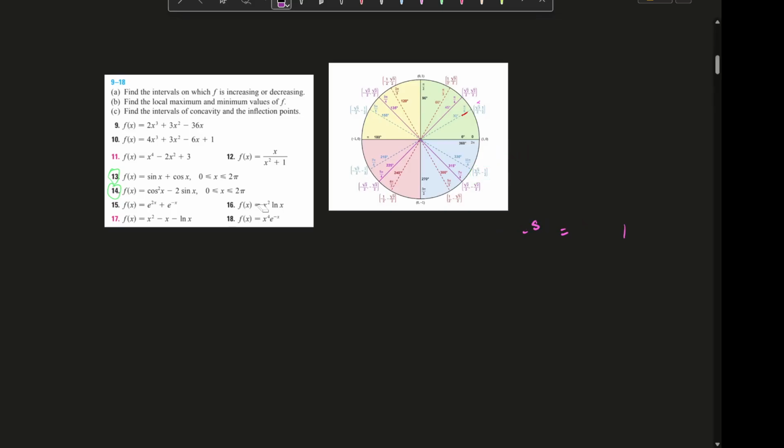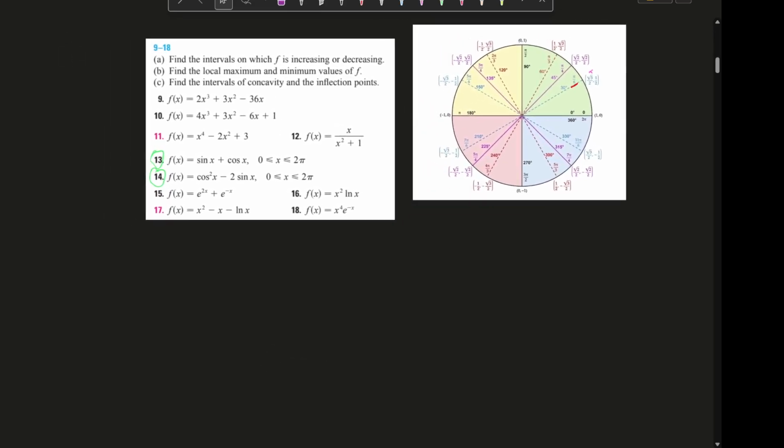So, all right, we're going to run through the same thing with a little harder cosine and sine question. We've got cosine squared x minus 2 sine x on the same interval, x between 0 and 2 pi, including the endpoints.